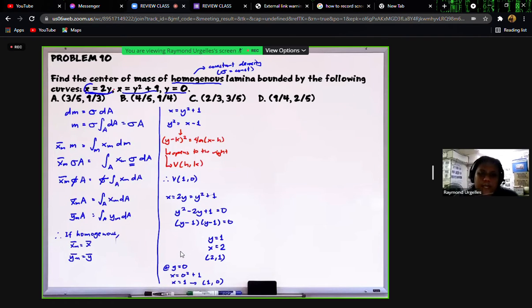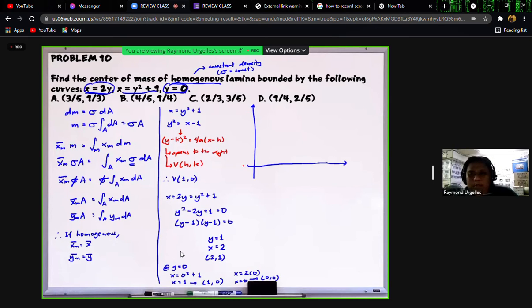Okay? Got it? Our third concern is the intersection of our line with the line y is equal to 0. Substituting y is equal to 0 into the line, we have x is equal to 2 times 0, so x is equal to 0. This corresponds to the point 0, 0 or the origin. Okay? Got it? Those are the three points that we need.